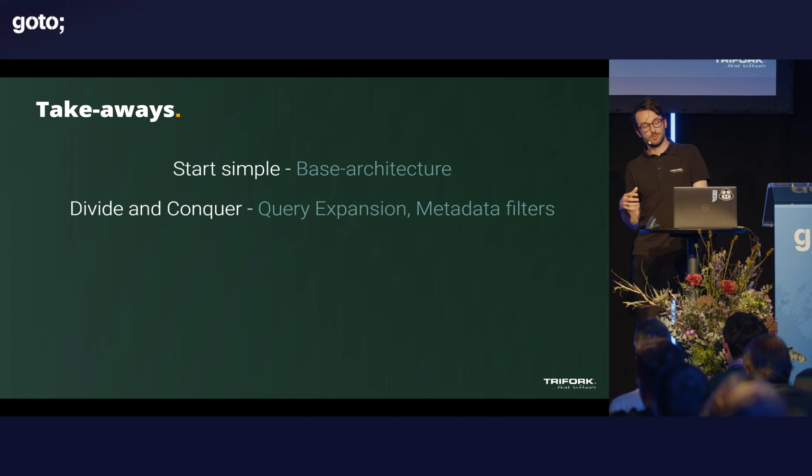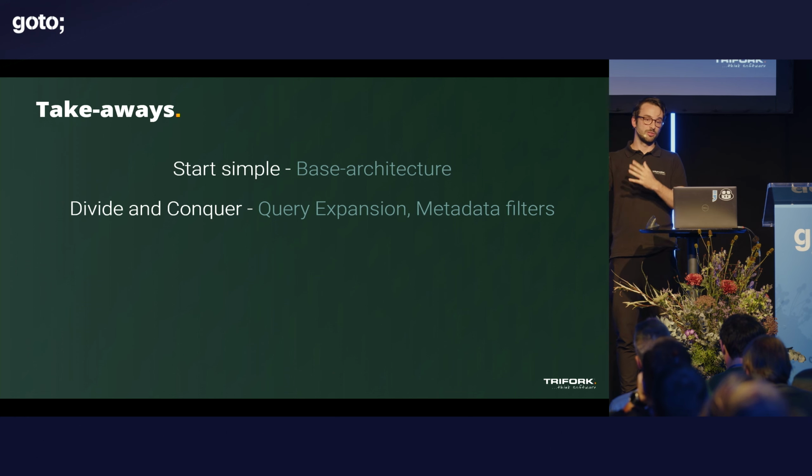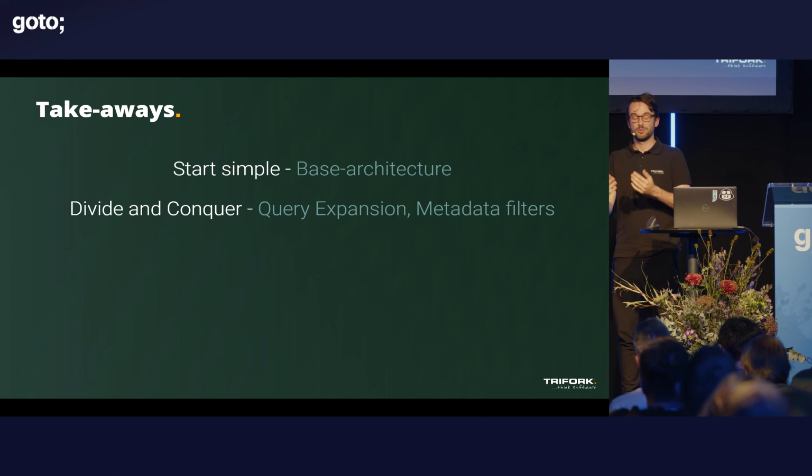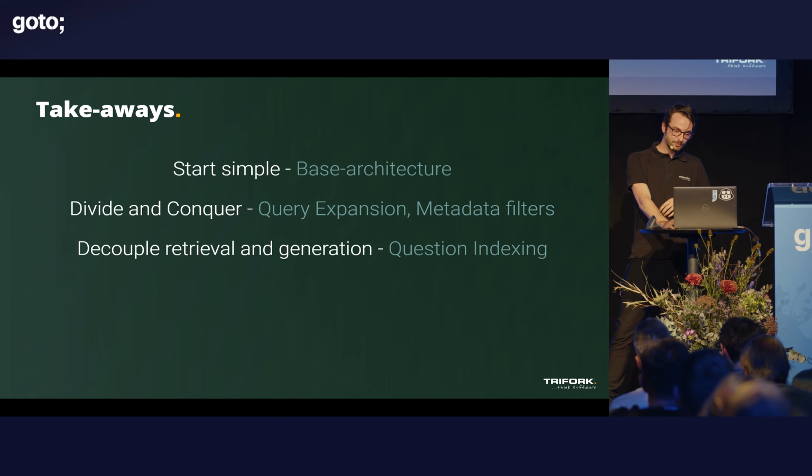Then we've looked at some divide and conquer techniques, where we can use query expansion to split out each question from the customer, and then search for them individually, and this makes it easier to make the pipeline reliable in a way that selects the right context for the right questions.